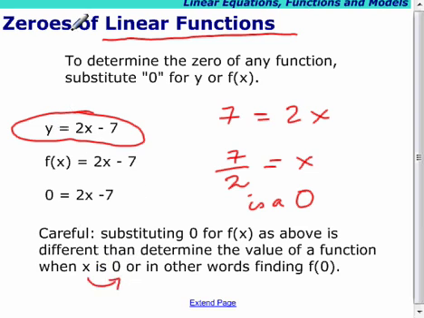So when I'm looking for a 0 of a function, I plug a 0 in everywhere I see a y. If they want to know what f of 0 is, then I plug a 0 in for x. So just be careful with that. We'll try some other questions here in a second that look at that too.